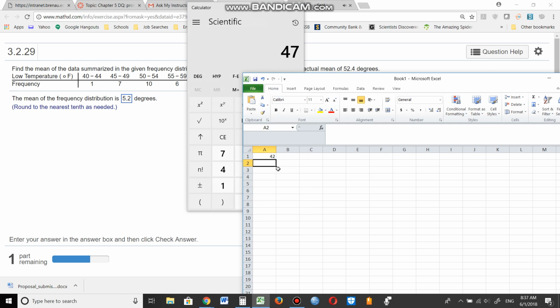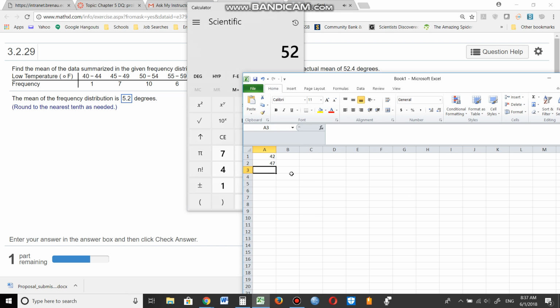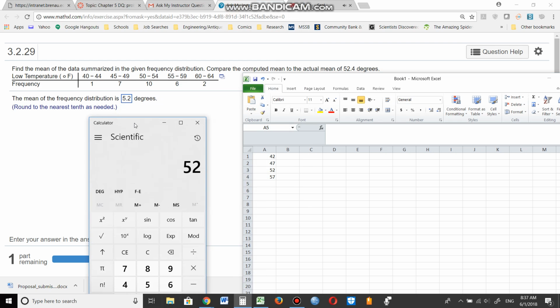That's going to be 47. And then the next one is going to be 50 plus 54 divided by 2, which is 52. And I think you can see the pattern here. Basically, it's incrementing by 5 each time. So the next one is going to be 57, and then finally the next one will be 62. So these are the midpoints here.